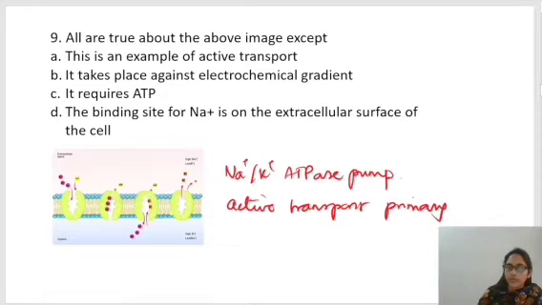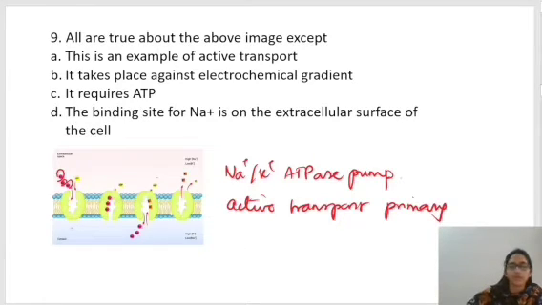What is its function? Three sodium ions are pumped from inside to outside the cell, and two potassium ions are pumped from outside to inside the cell. So this is the function of the sodium potassium ATPase pump.